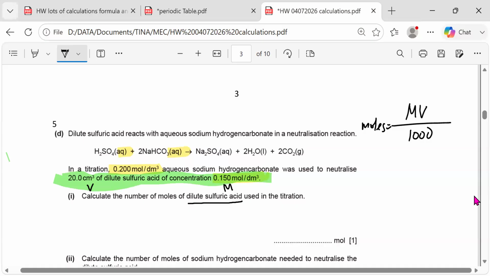10 to the power of negative 3 is standard form. You don't know? Form 1 standard form, you learned it already, right? 10 to the power of negative 3 means 0.001. 10 to the power of negative 2 is 0.01. 10 to the power of negative 3 means divided by 1000.